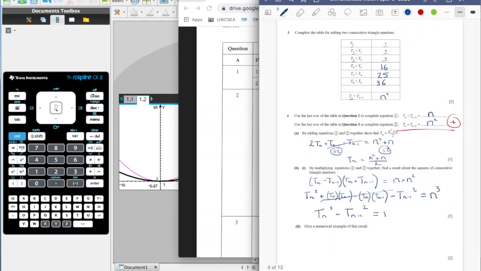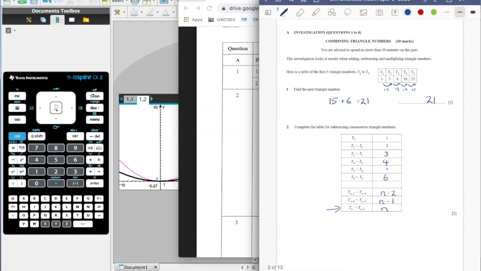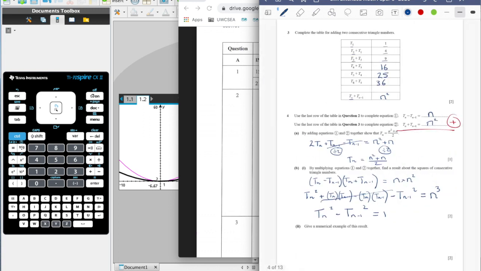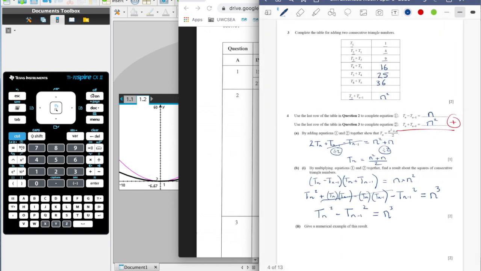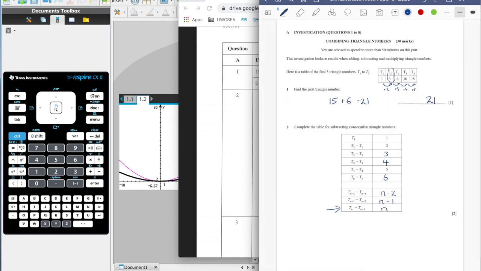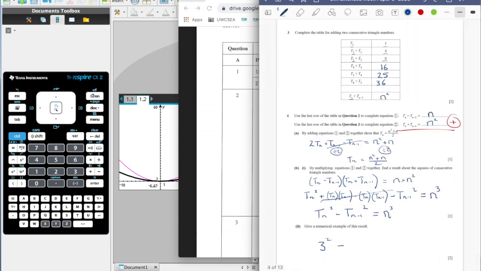So T2 squared minus, that should be equal to n cubed. T2 is 3. So 3 squared minus the one before it. So the one before it was 1, the triangle number 1. 1 squared, and that should equal n cubed. Now what is n?